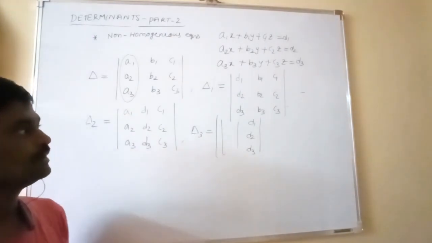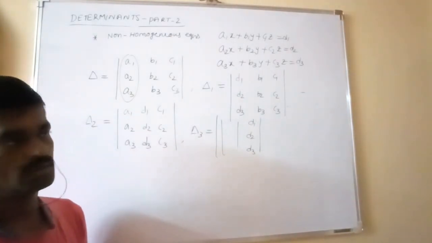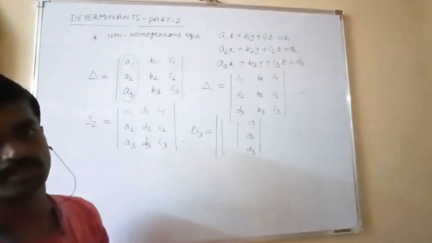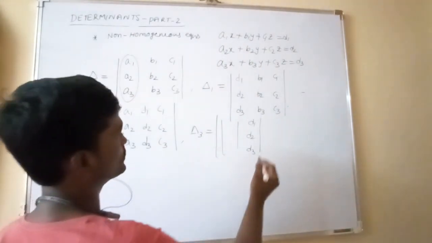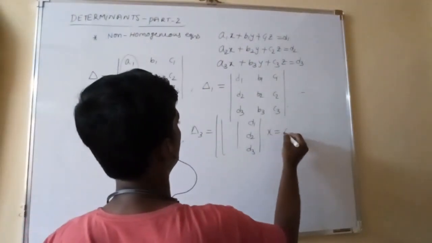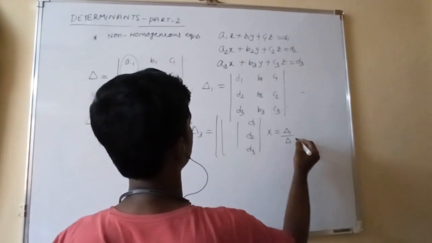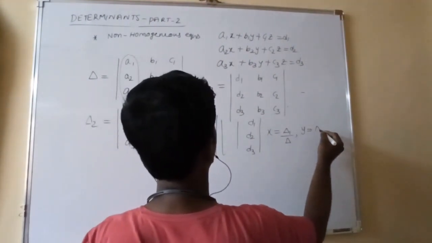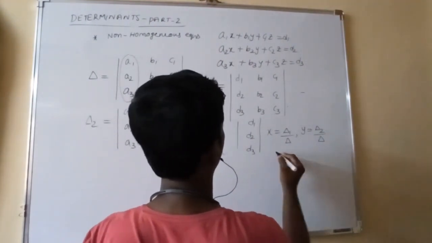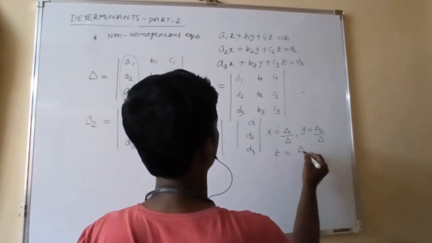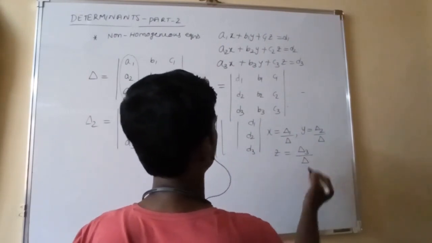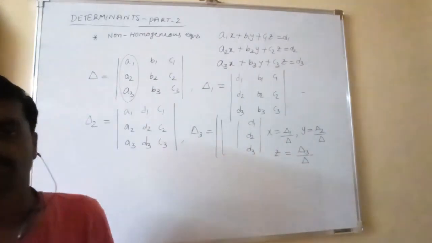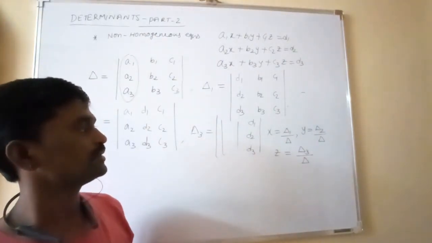Okay. So now you define like this. Then on solving these three equations, you will get x value delta 1 by delta, y value delta 2 by delta, z value delta 3 by delta. Means on solving these three equations, some expressions will come.